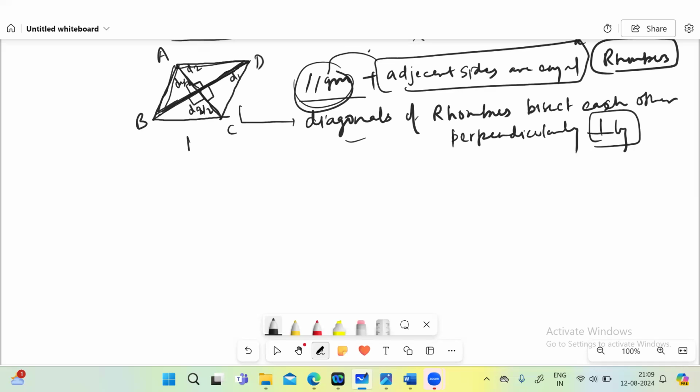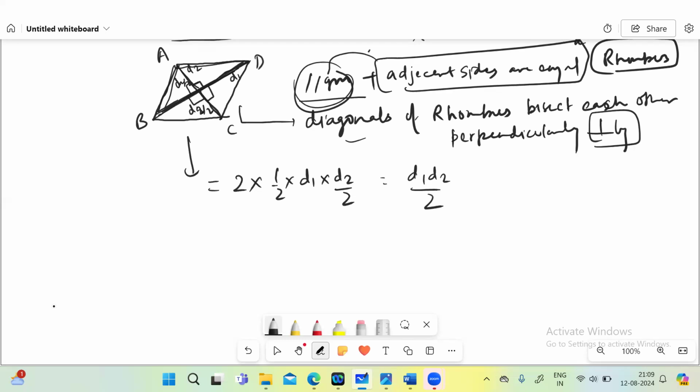So the area of rhombus will be 2 into area of these two triangles, which will be half into D1 into D2 by 2. So this will be D1 into D2 by 2.